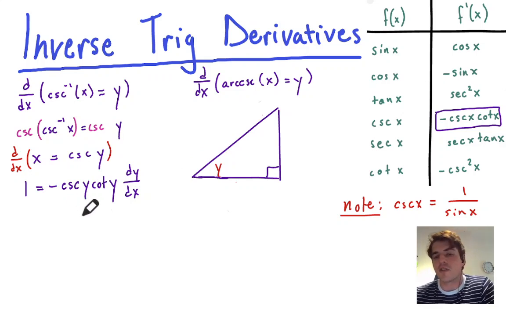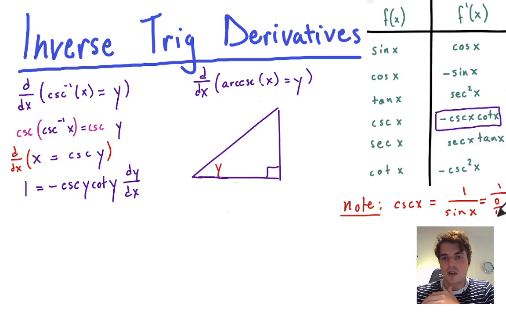Okay, now if you're forgetting cosecant's relationship to a triangle, we can remember that it's just the inverse of sine. So sine is opposite over hypotenuse, and since cosecant is the reciprocal of that, it's just the hypotenuse over the opposite side.